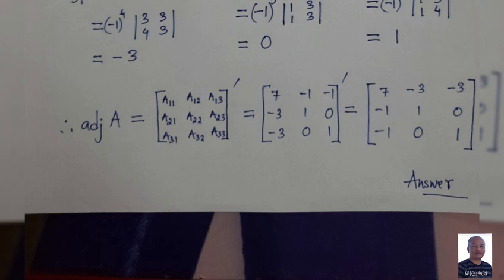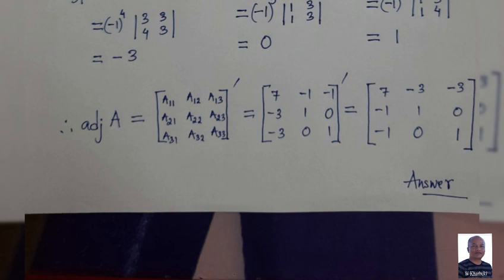So the cofactors A11, A12, A13, and so on. There you put the values of those. So you have 7, minus 1, minus 1, minus 3, 1, 0, minus 3, 0, 1, and the transpose of that matrix.